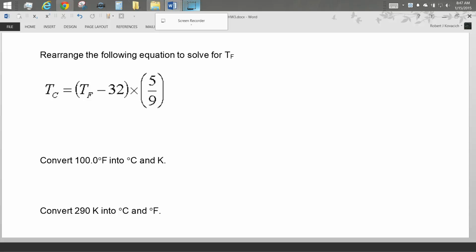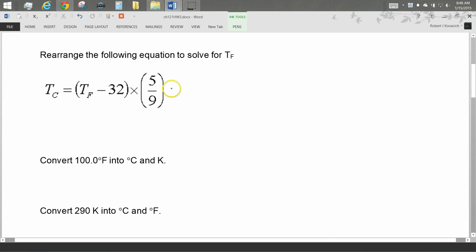Okay, so rearrange this to solve for temperature final. Okay, so I need to multiply both sides by 9 and divide both sides by 5. So 9/5 here, those cancel out, and then it's 9/5 over here.